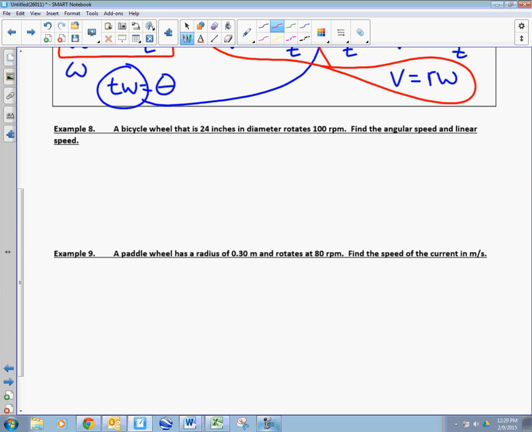Bicycle wheel is 24 inches in diameter, rotates 100 rotations per minute. Find the angular speed and linear speed in seconds. So I want to find the angular speed.